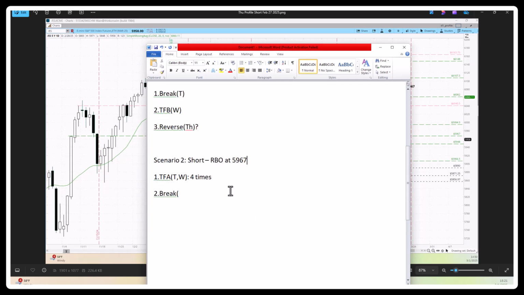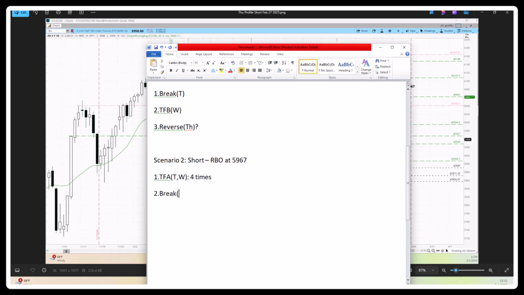That's the long setup. For the short setup, we also have the indicator in here. So we have a test from above on Tuesday and Wednesday, plus 2 times before that, so it's 4 times right there. So there is a high probability that it's going to break.